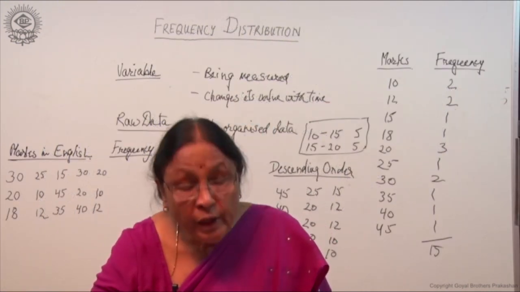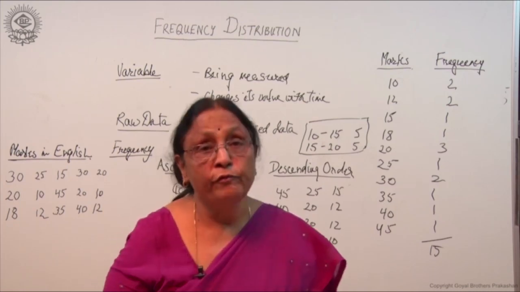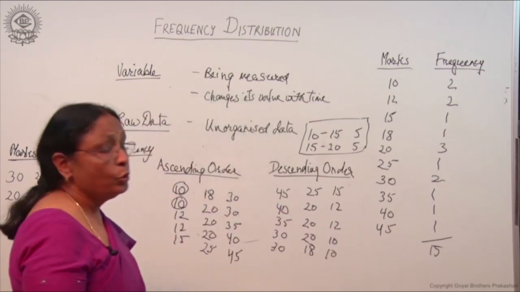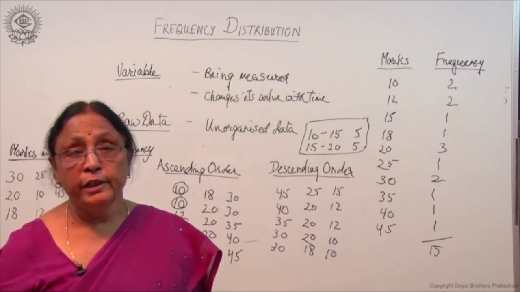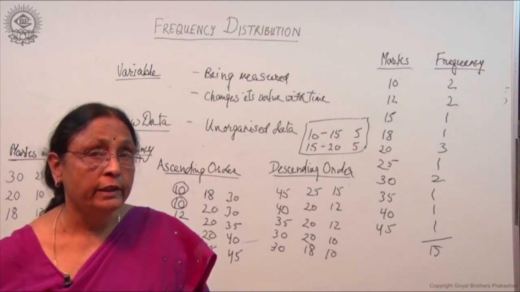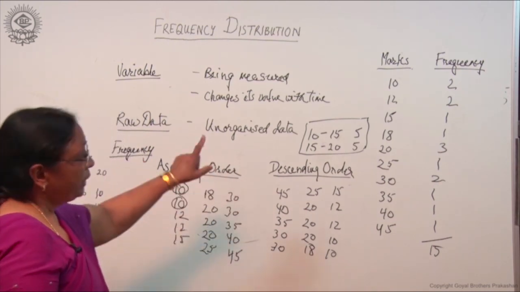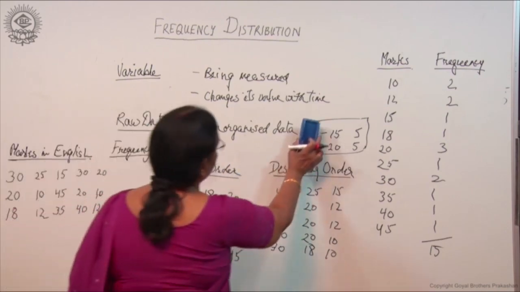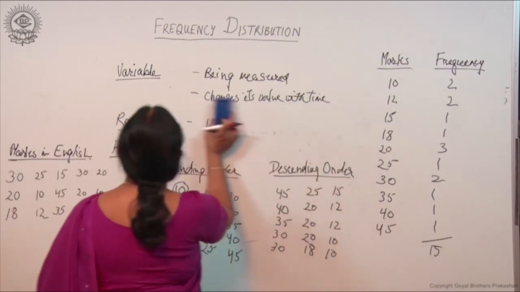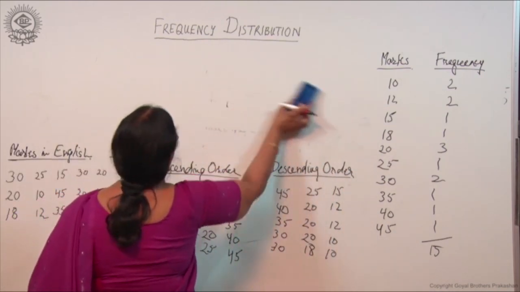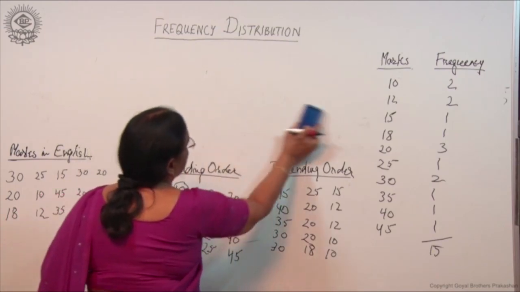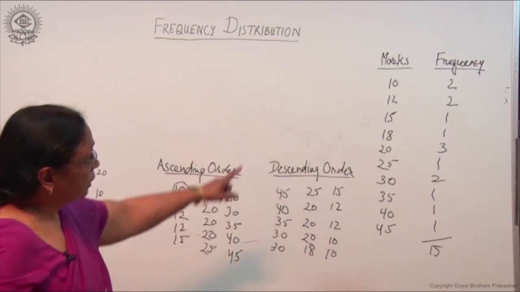Now we come to another easy form of this. This is known as tally bars. You know what tallies are? When the data is explained here, we'll take the same example to explain the tallies.